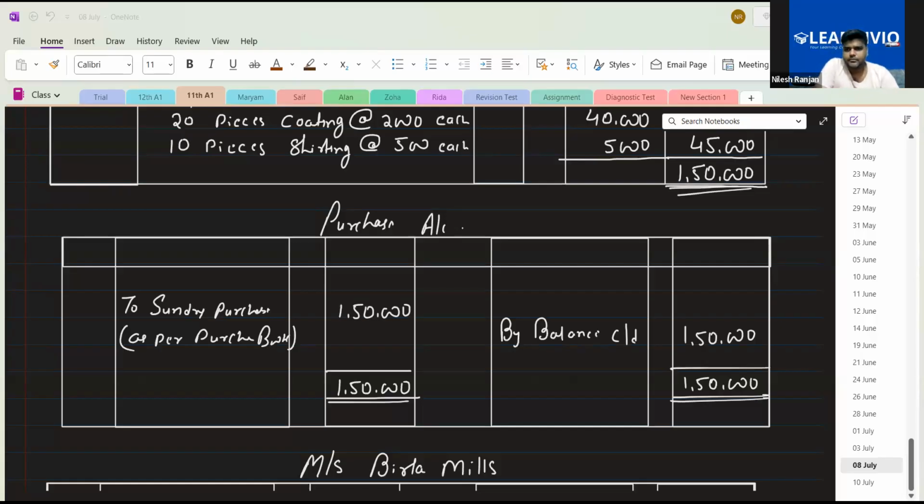Okay, so I have one doubt. After the particulars, it's total payments. After the particular column, it's amount, right?